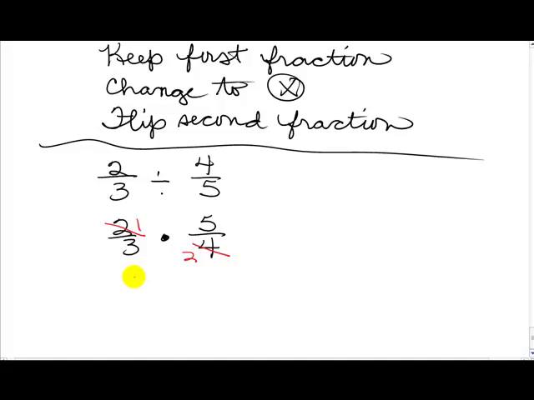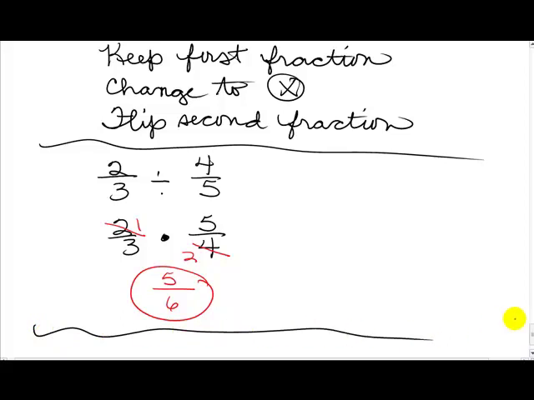When I finish, I have 1 times 5, 3 times 2. I've already done the reducing. Unless I miss something, because sometimes a number will be on top and bottom that can be reduced, and I might miss it. But 5 is prime and it doesn't go into 6, so I know that I'm finished with that.